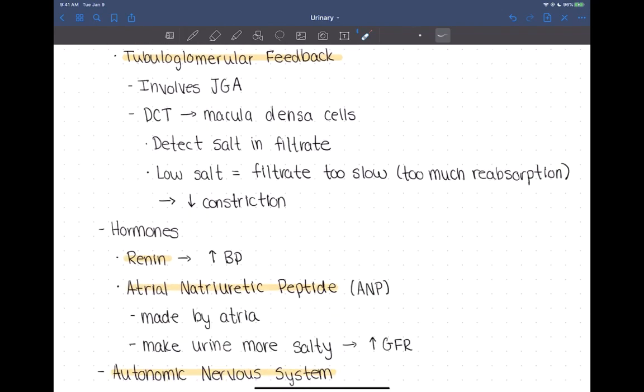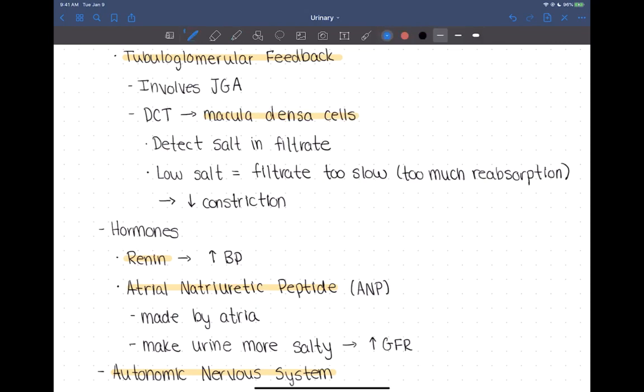Our second form of autoregulation is called tubuloglomerular feedback. This involves the juxtaglomerular apparatus. The distal convoluted tubule part of the juxtaglomerular apparatus contains specialized cells called macula densa cells.